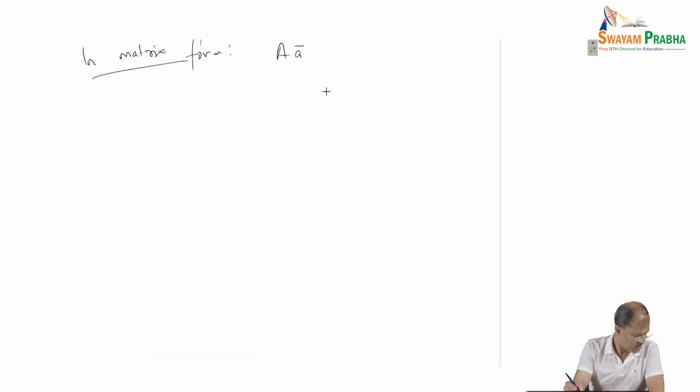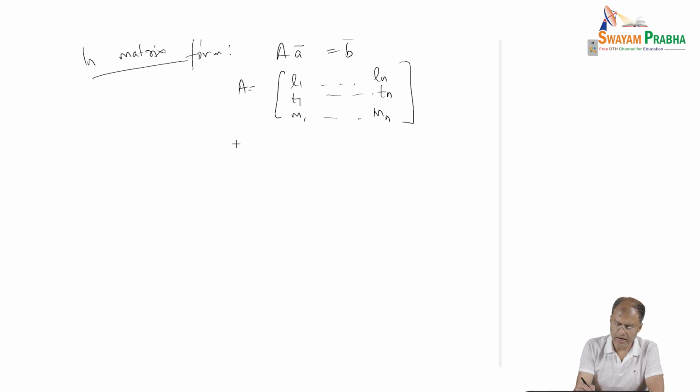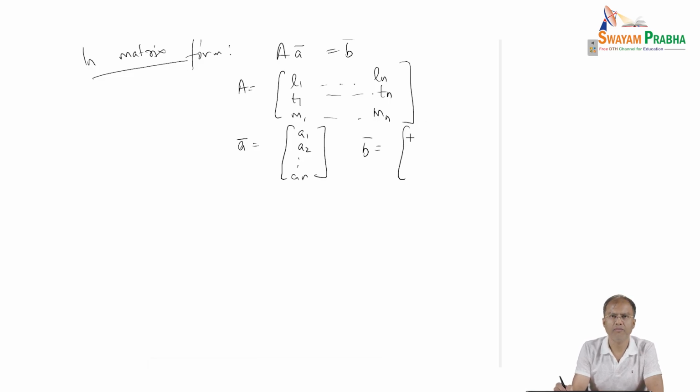So capital A times small a is equal to b, and we see that my matrix A is L1, T1, M1 and so on, Ln, Tn, Mn, and the vector small a is A1, A2 up to An, and the vector b is a 3 cross 1 vector, which is L naught, T naught, M naught. So that is the power of the dimension of Q.